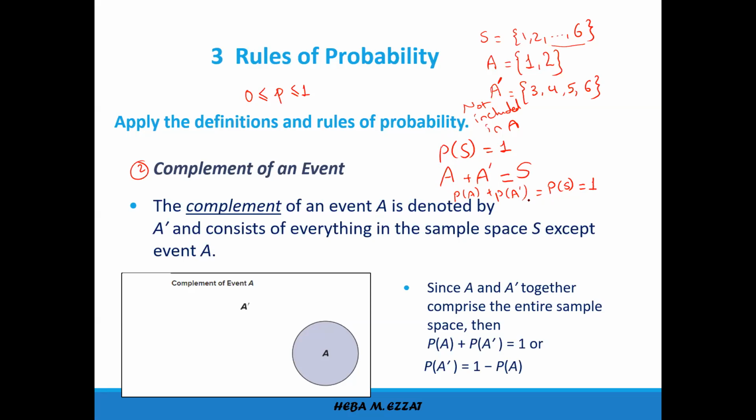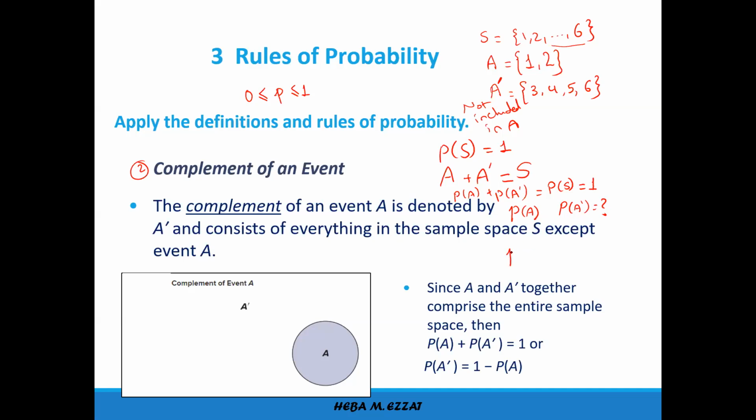So if I have the probability of A and I don't know the probability of A complement, can I calculate it? Yes, I can. How?